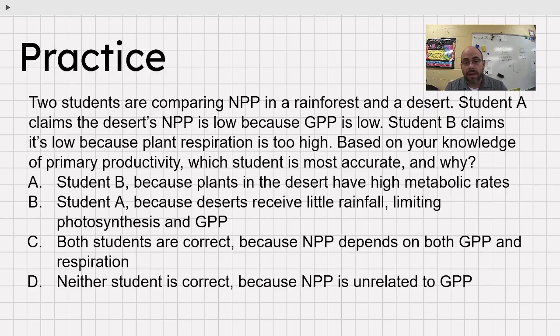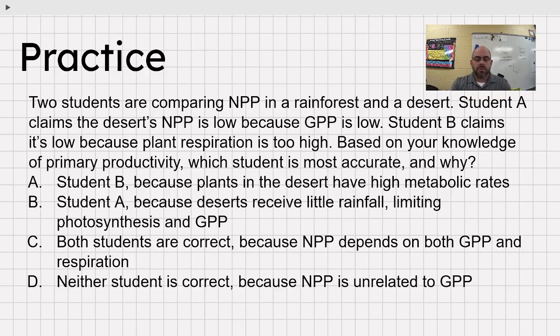So let's find that in the answers. Student B, because plants in the desert have high metabolic rates, not necessarily. Student A, because deserts receive little rainfall, limiting the gross, or photosynthesis and gross primary productivity. I like that answer. Let's see what the next one is. Both students are correct.